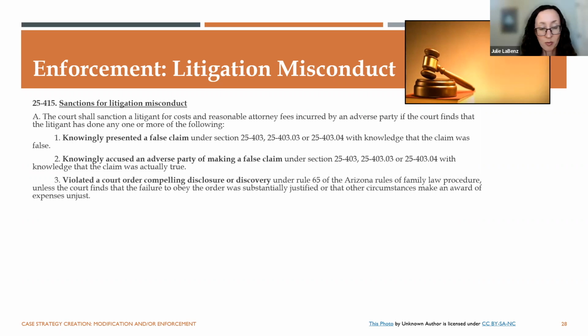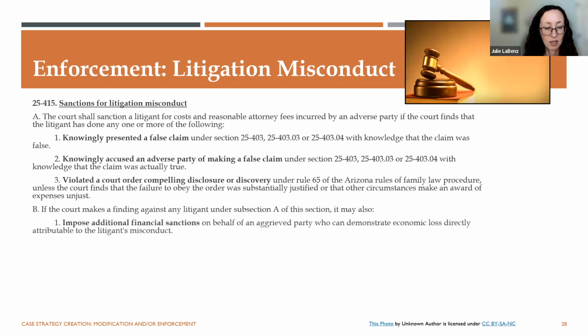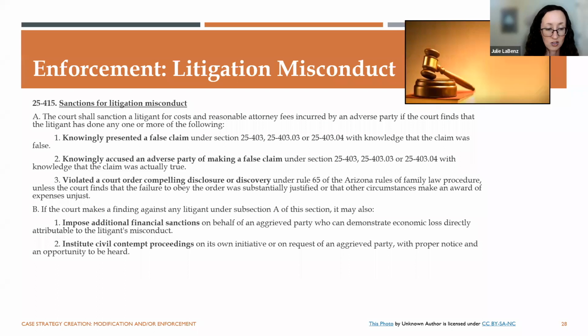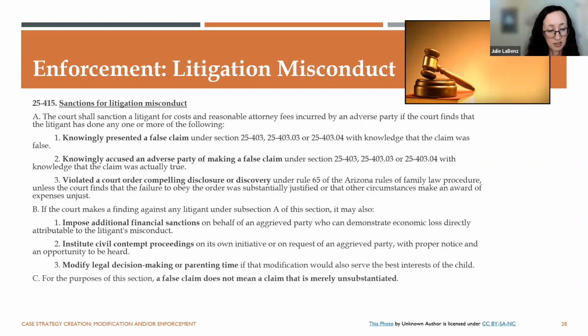Violated a court order compelling disclosure or discovery, unless the court finds that the failure to obey was substantially justified, or that circumstances make an award of expenses unjust. If the court makes a finding against any litigant under subsection A, it may also impose additional financial sanctions, institute civil contempt proceedings, modify legal decision-making or parenting time.